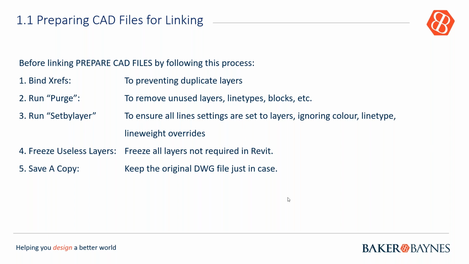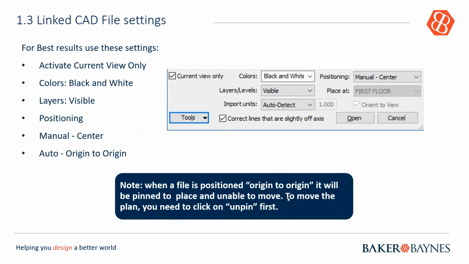Now, once you've linked your CAD in, there are also different settings that you can use. Again, this is based on my personal preference, and I feel that for best results, I usually use these settings. The reason for this is when I activate the current view only, it means that it only appears in the current drawing.